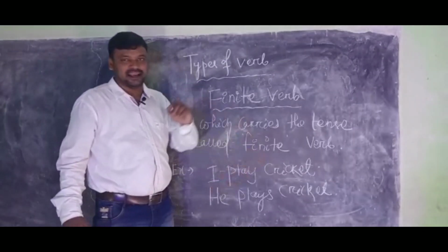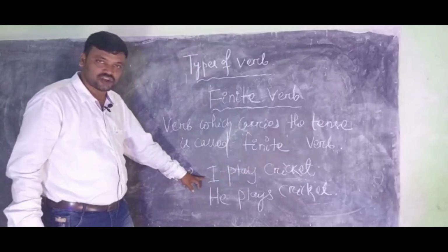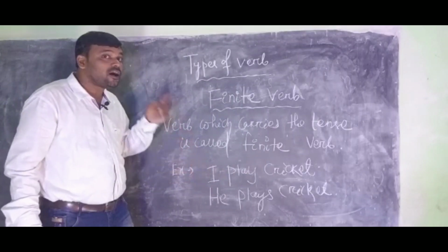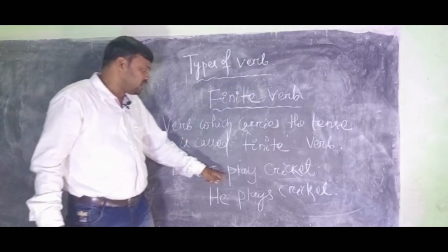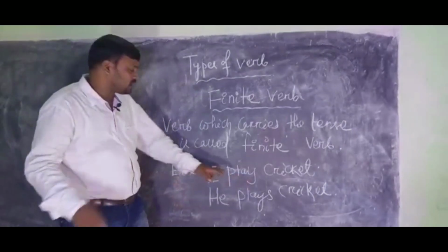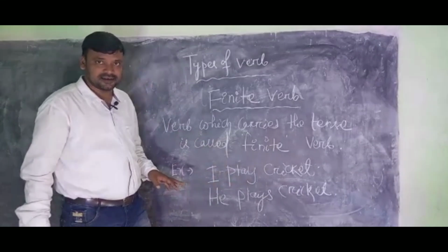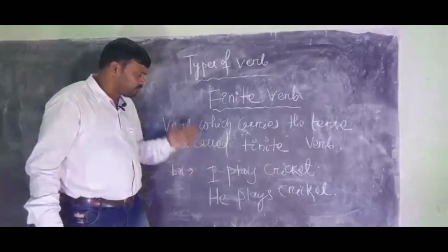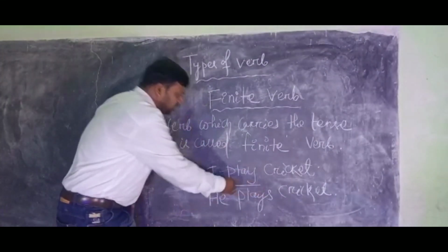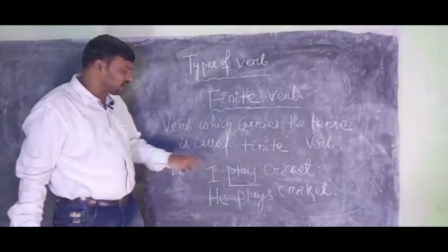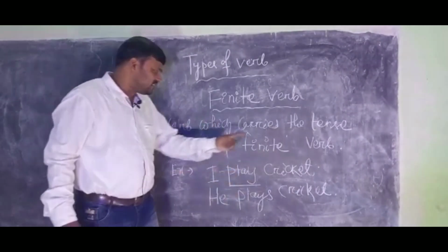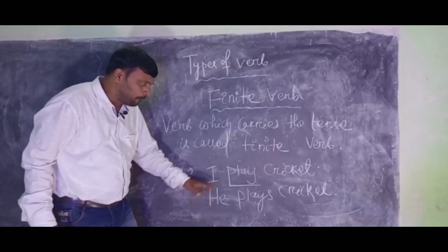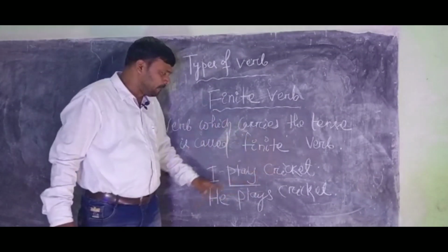I play cricket. Here I is your subject and I is first person singular number, so the verb is also play. So here the verb is called your finite verb, because the verb carries the tense. And the second one is he plays the cricket.